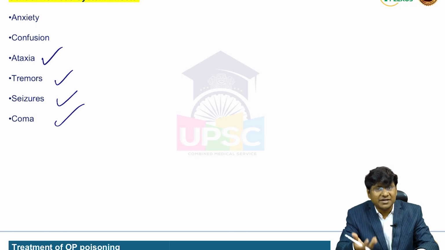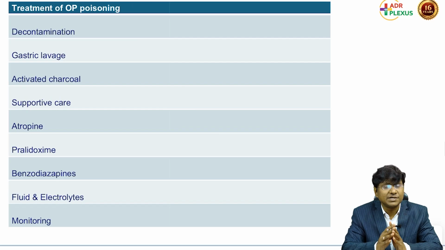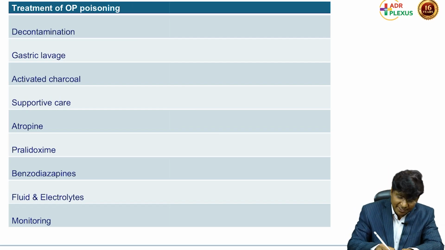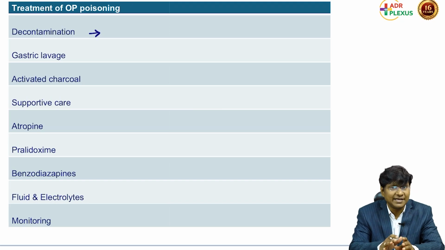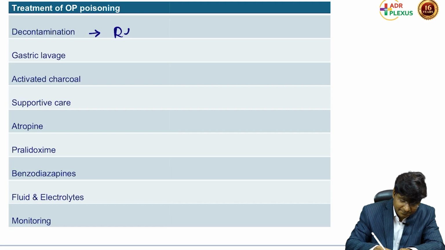Then how do you treat the patients with the organophosphorus poisoning? So first and foremost, the decontamination. Decontamination is needed because these are pesticides, where people are exposed in agriculture, so you need to remove the clothing. Right?